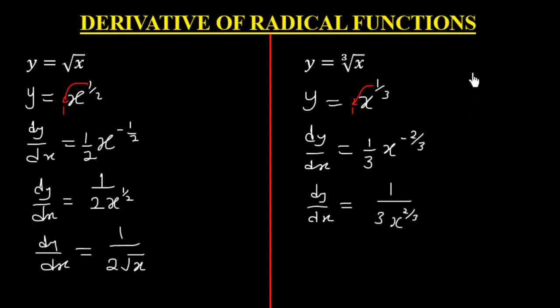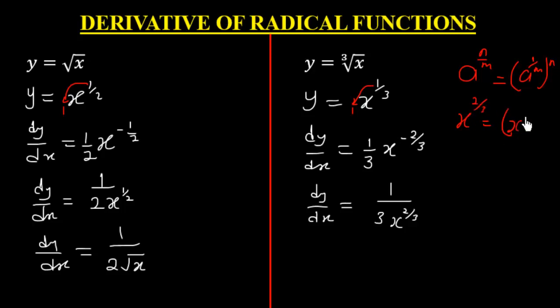Now, from indices, when you have a to the power n over m, this is equal to a to the power 1 over m, all to the power n. So applying this over here, we have x to the power 2 on 3. It's like we want to factor the 2 out.